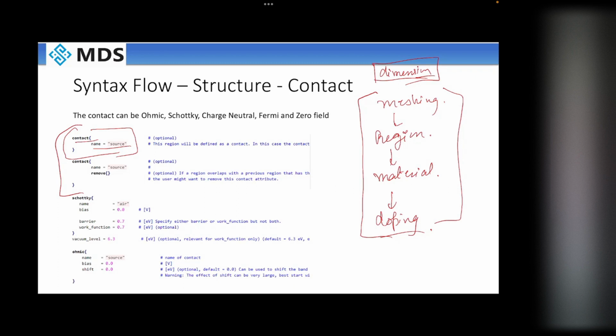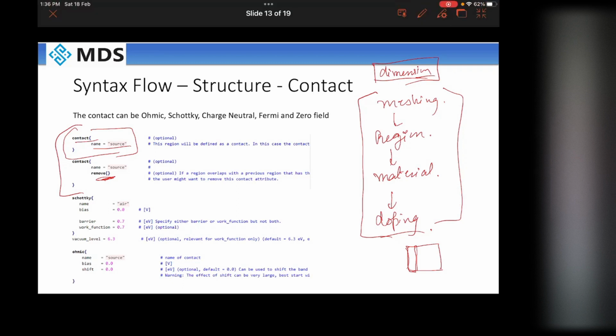Another thing is that the remove option is only for when the region overlaps. Suppose you have a silicon part here, and in this particular region you have specified the contact statement, shown with a different color. What it will do is override the silicon and place the contact here.